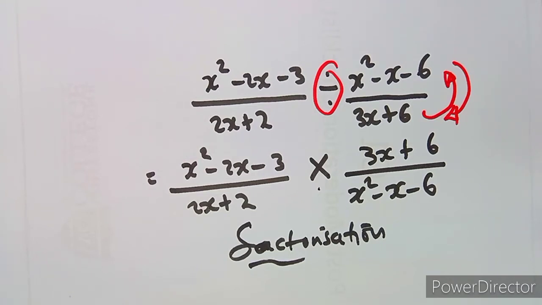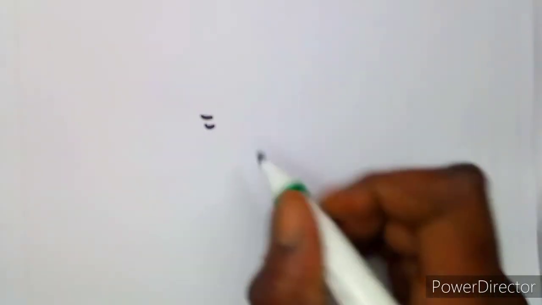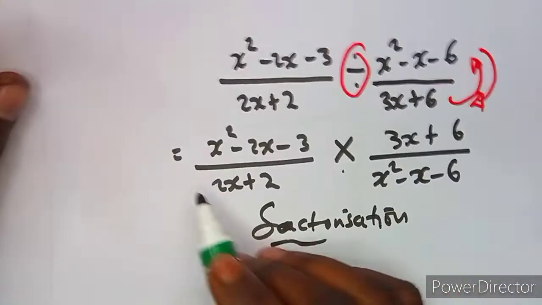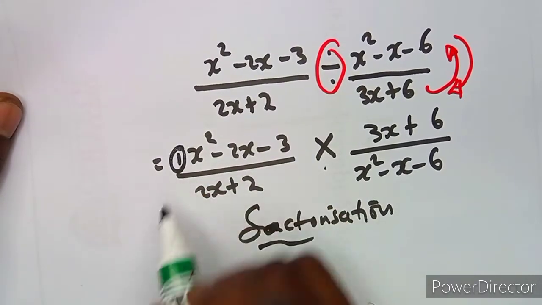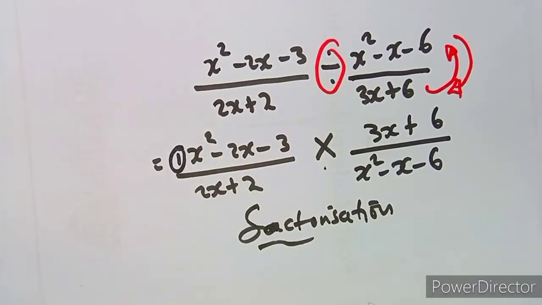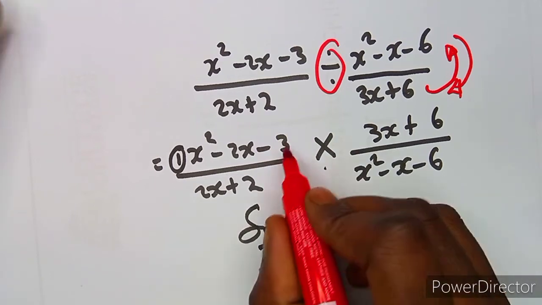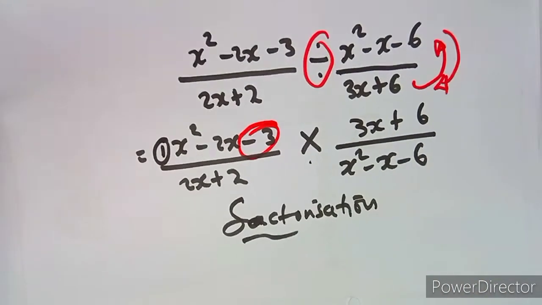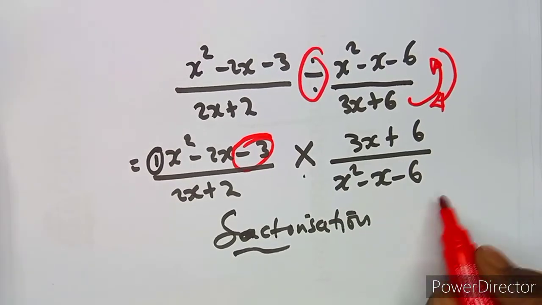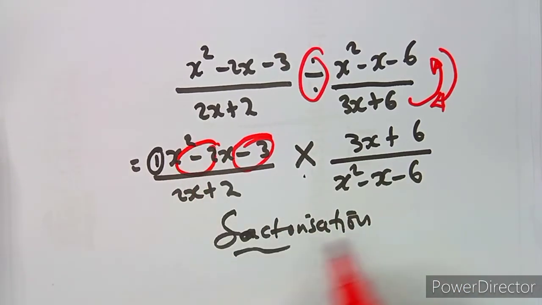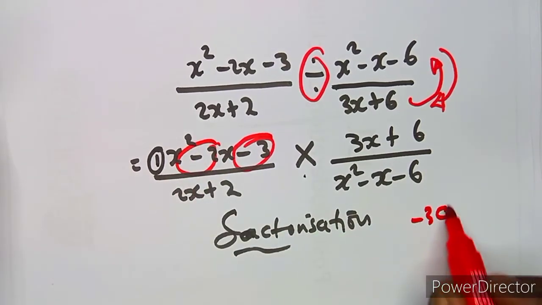So what are you going to do? Factorize, guys. Let's factorize here and see what you're going to have. As you can see here, the coefficient of x squared is directly 1, so you're just going to focus on the constant term, which is -3 there. Do we have any factors of -3 that can give us -2? Yes, they are there: -3 and 1.